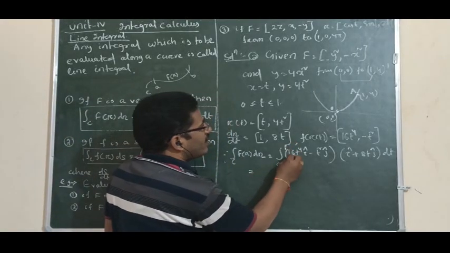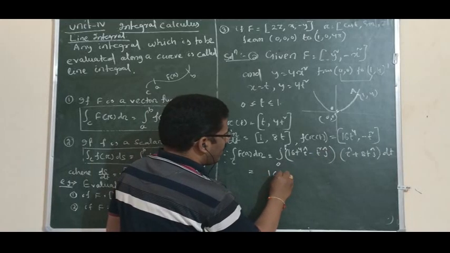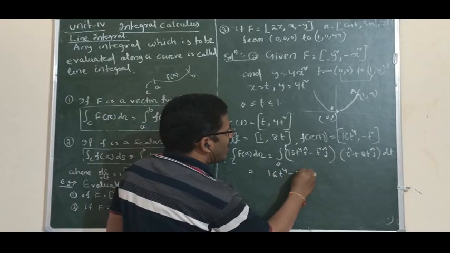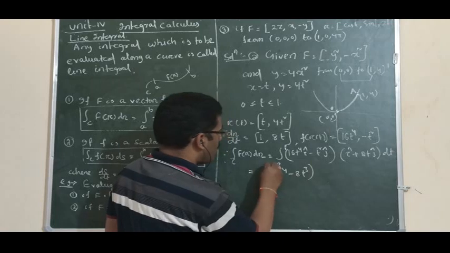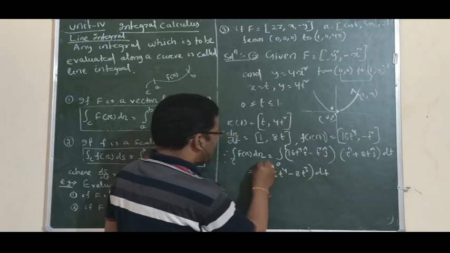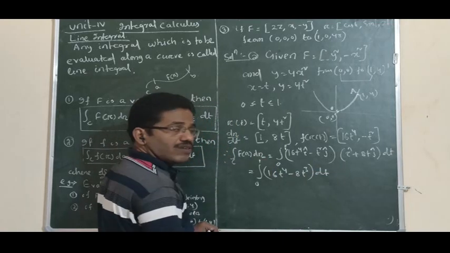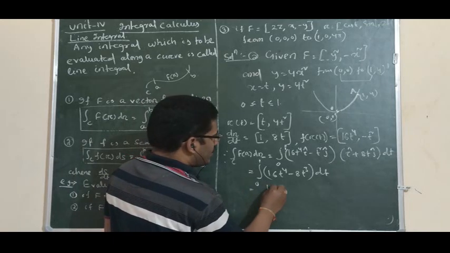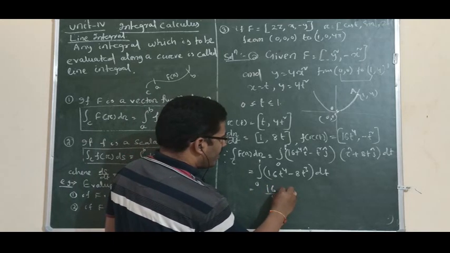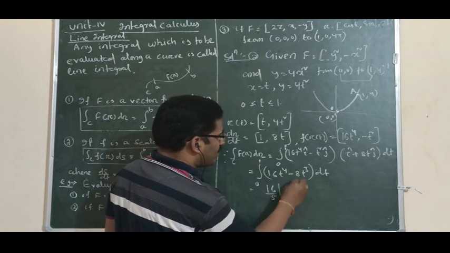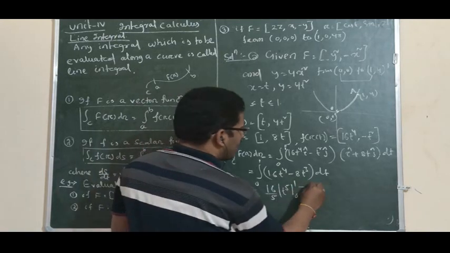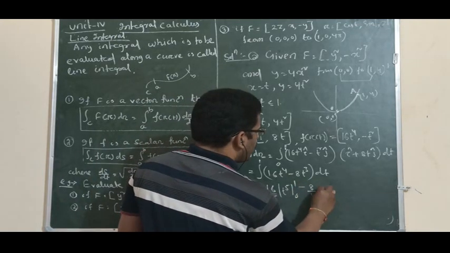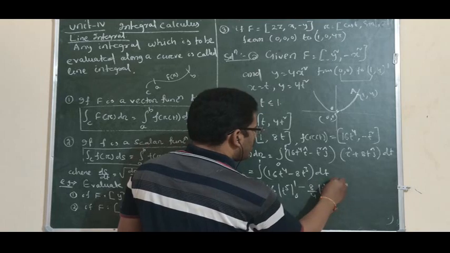So we got here 16t to the power 4 minus 8t cube dt. We will write the integration from 0 to 1. So we got 16 by 5 t to power 5, we will put the limit 0 to 1, minus 8 by 4 t to the power 4, from 0 to 1.